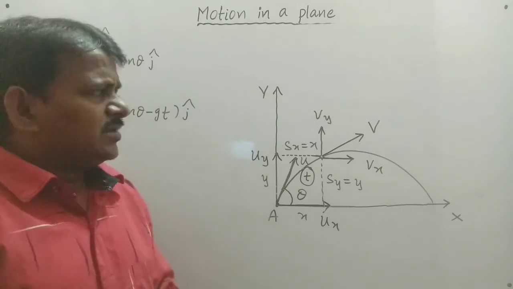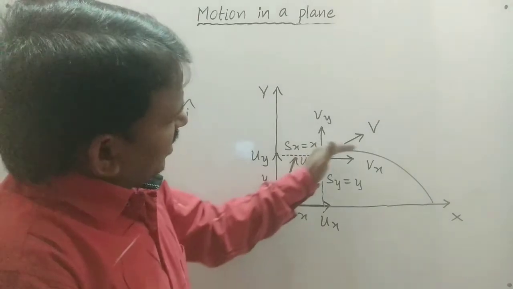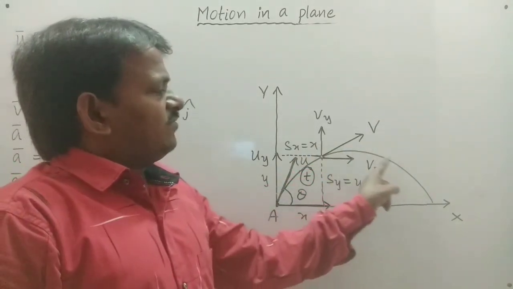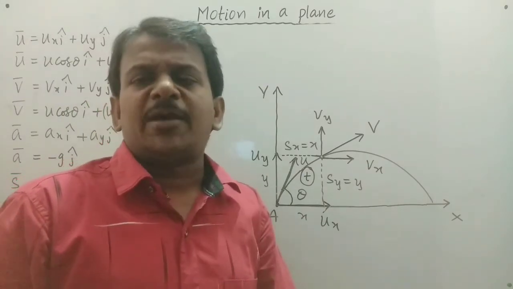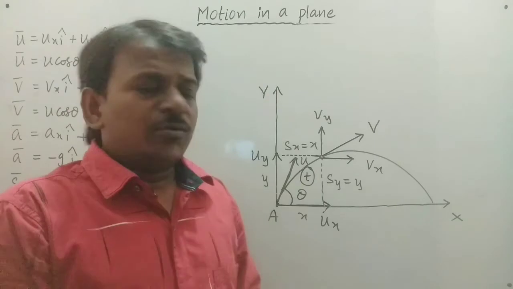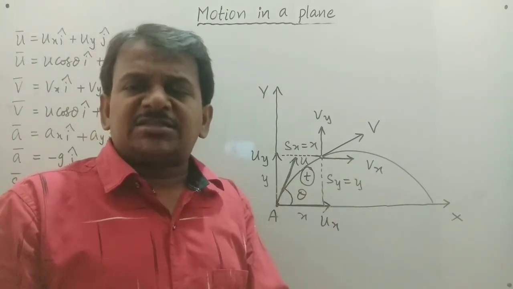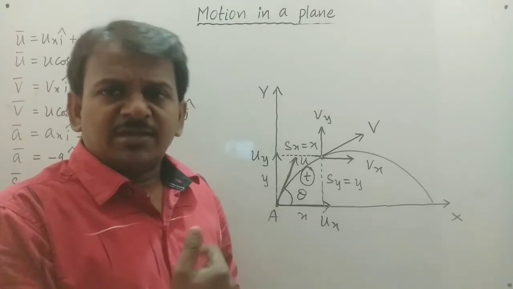Let us discuss the path of the projectile, or the trajectory of the projectile, which is a parabola. How can we say parabola? We have to show that path of the projectile is parabola with the help of equations. Let us continue.